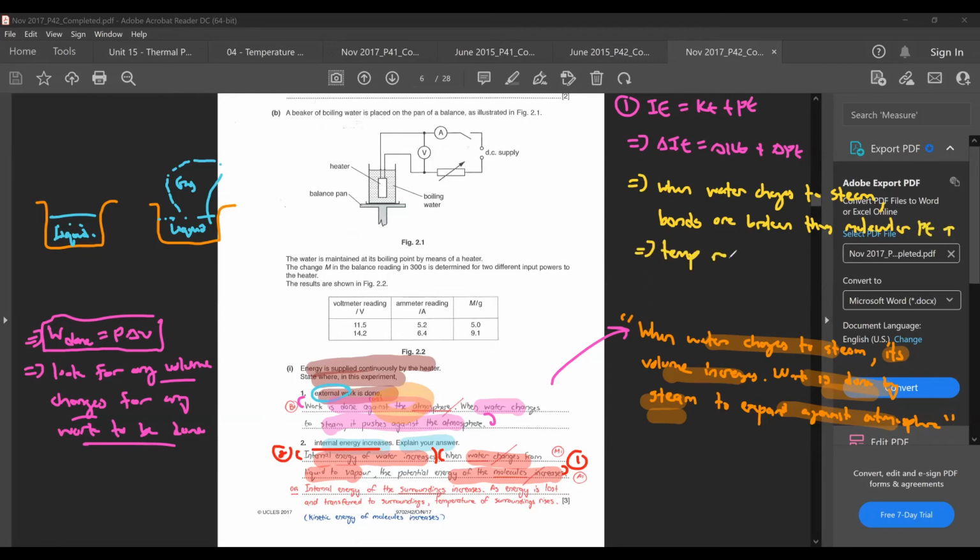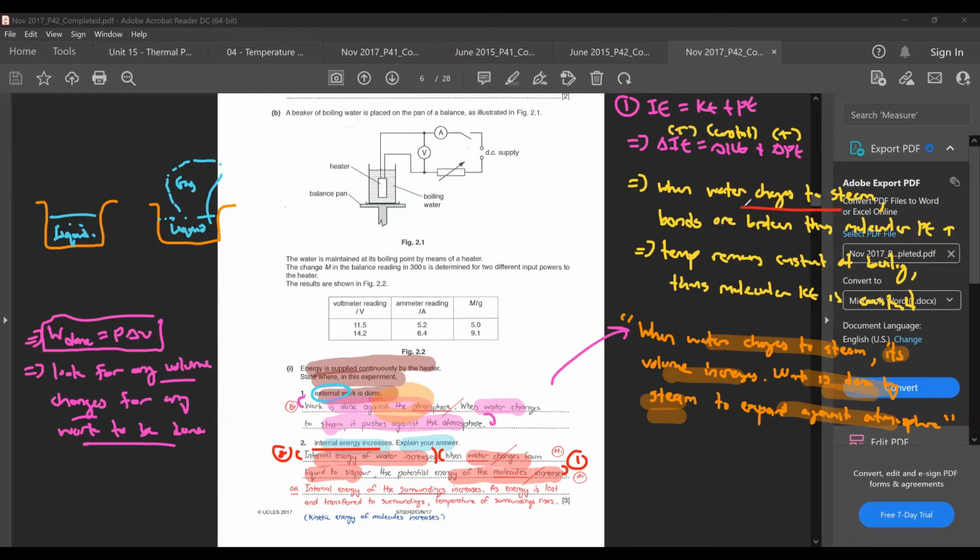Temperature remains constant at boiling, thus molecular KE is constant. So from here, if the change in KE is constant but PE is increasing, obviously internal energy increases when water changes to steam.